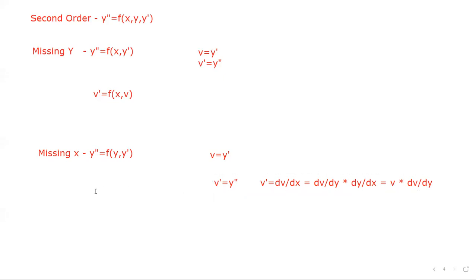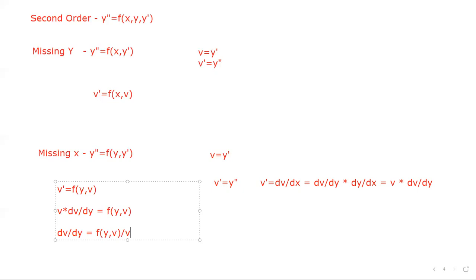So our new equation is v dv dy equals a function of y and v. And then we can easily get dv dy equals our function of y and v divided by v.